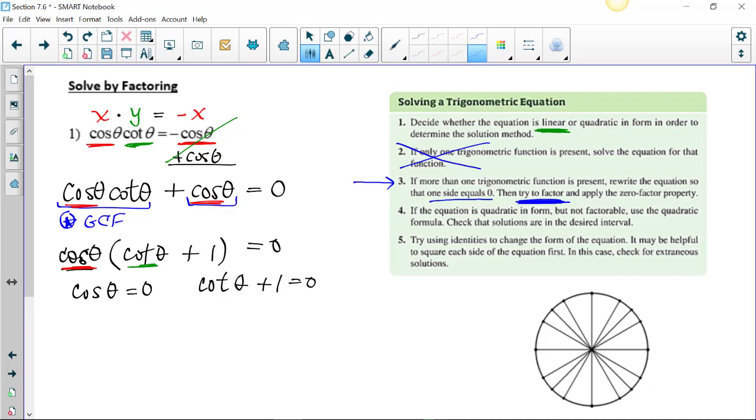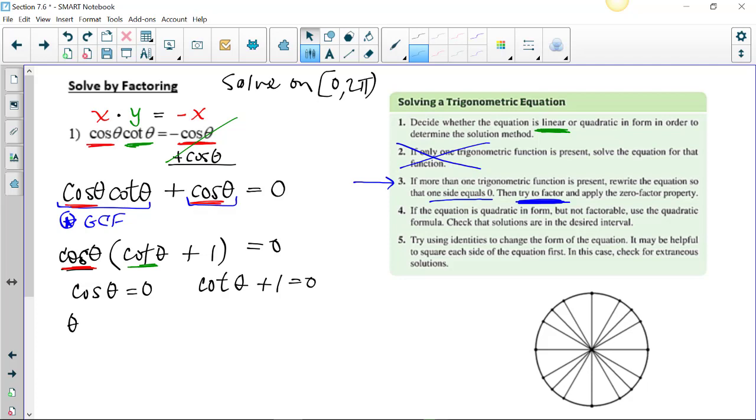Here, my trig function is already isolated, so all I have to do is come up with the angles. Let's solve this in radians, on the interval from 0 to 2 pi. I think we know how to add the integer multiple idea to get all solutions.